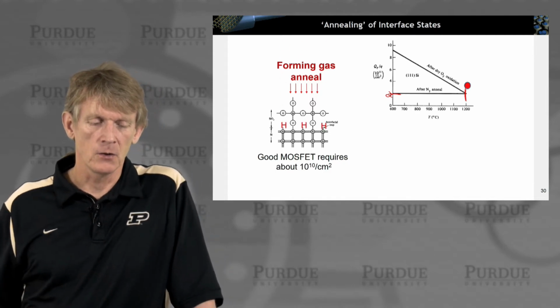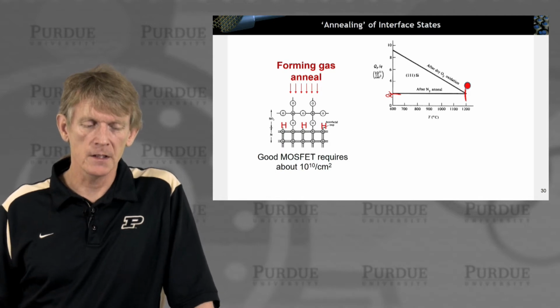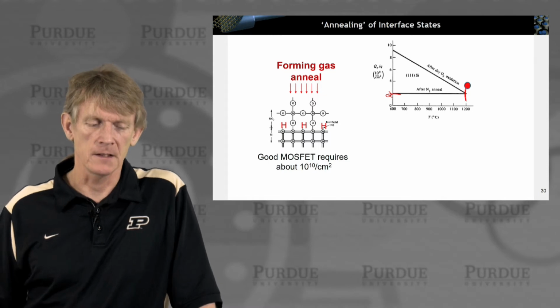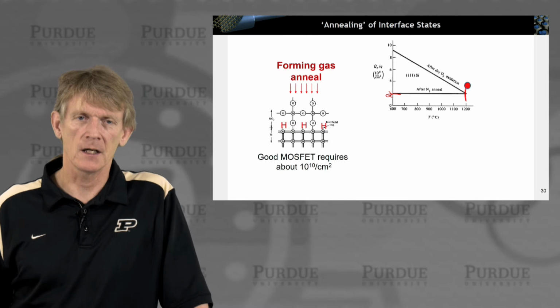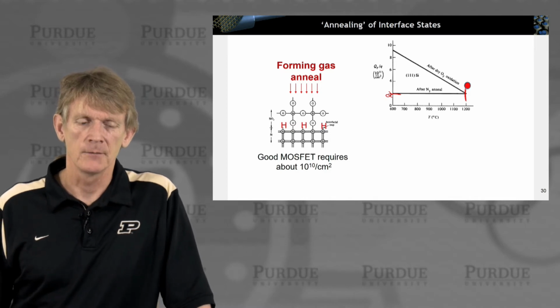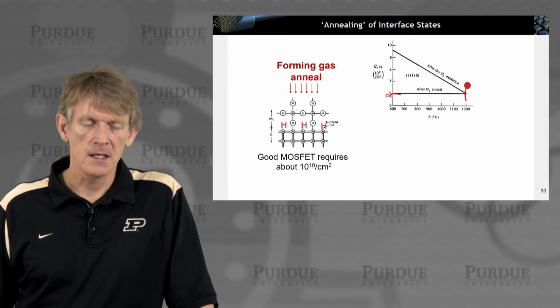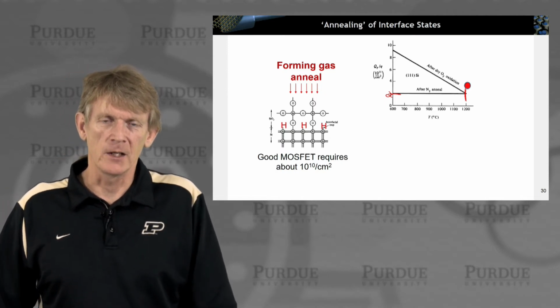All right, so what you can also do is include hydrogen while you anneal. That's called a forming gas anneal. There are multiple ways of introducing this hydrogen into the system, and I'm not going to go into the details of that. The key element is that hydrogen is the smallest atom we have around, right?